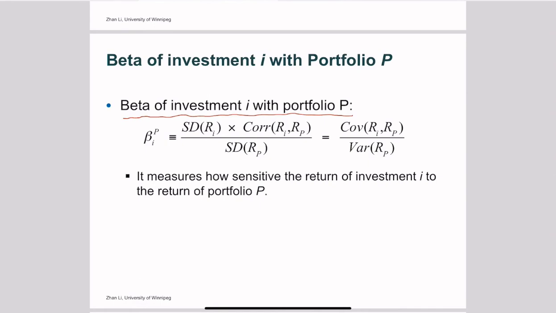What's the definition here? So basically the most basic definition is beta I with respect to portfolio P equals the covariance between the return of investment I and the return of portfolio P, divided by the variance of the return of portfolio P. And this is the most basic form of the definition.